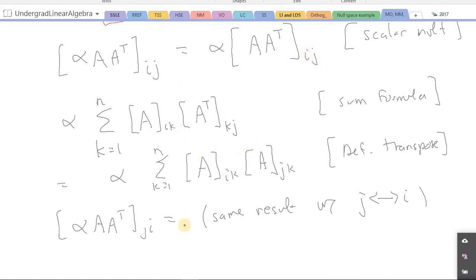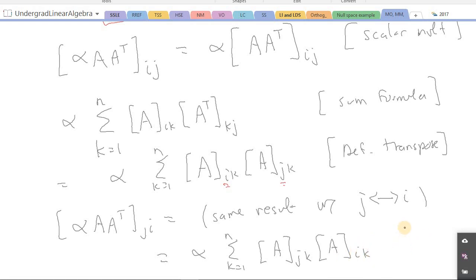So let me just go ahead and take the result and interchange j and i. So here you can see i is here, j is here. I'm just going to interchange those. Okay. So the result is equal to alpha sum k equals 1 to n of A jk A ik.